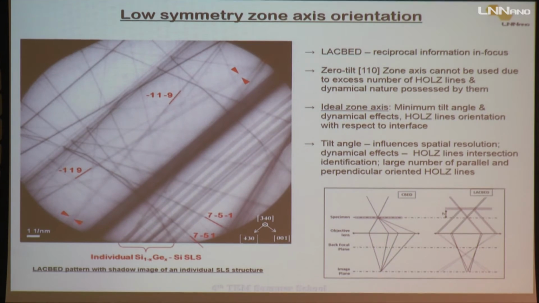However, if a particular line is oriented perpendicular to the interface, it just passes through the superlattice and there is no impact. So an ideal zone axis needs to have a combination of both parallel and perpendicular oriented HOLZ lines. Then it's very easy to do the strain analysis.